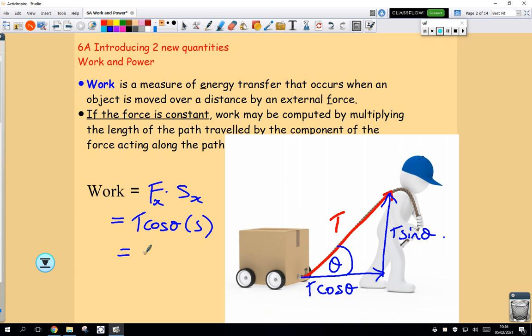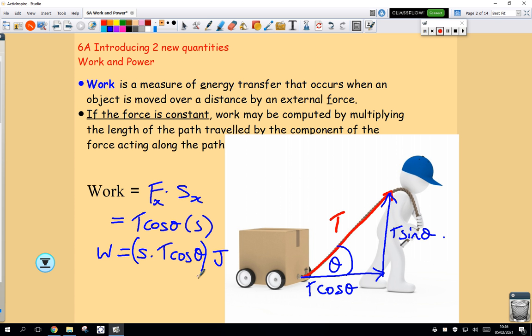So let me write that as S, displacement, by T cosine theta. Okay, so that's work. S by T cosine theta. And the units are joules. We generally just give a capital J. Work is considered to be a scalar quantity. It's actually the dot product of two vector quantities, so it is considered a scalar quantity.